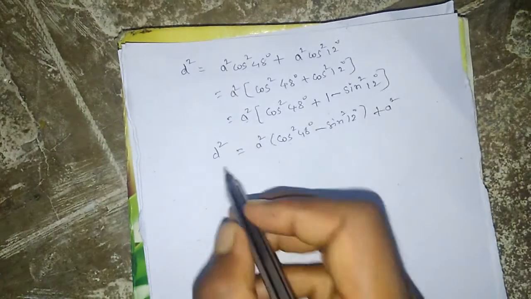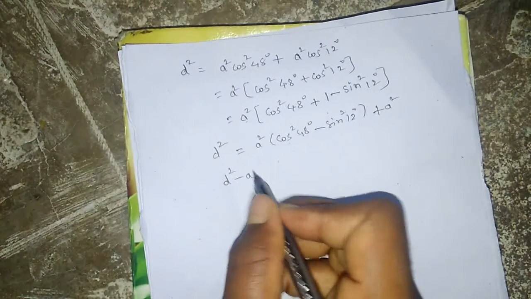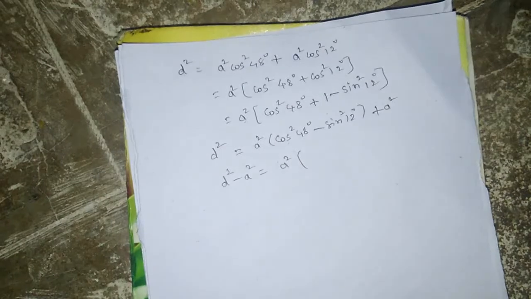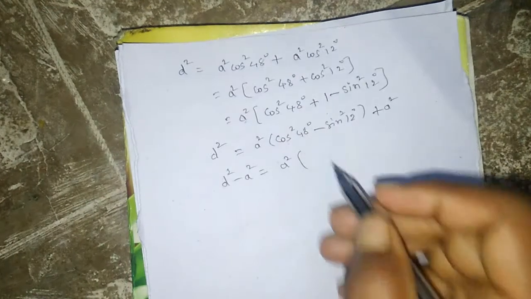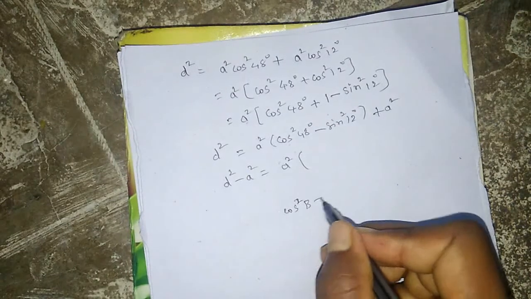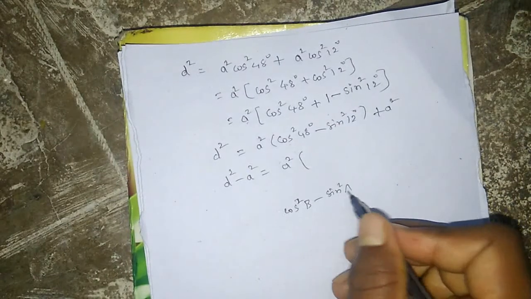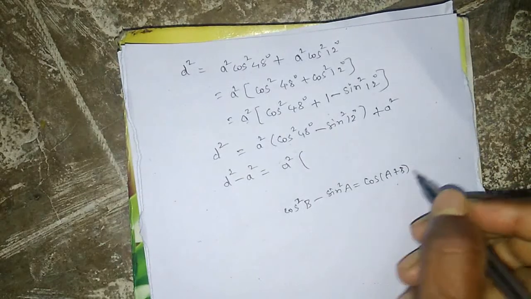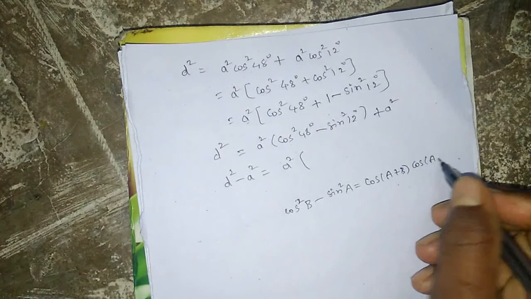Now bring this a square to the left hand side, d square minus a square is equal to a square into (cos square 48 minus sin square 12), which is in the form of cos square b minus sin square a, which is equal to cos of (a plus b) into cos of (a minus b).